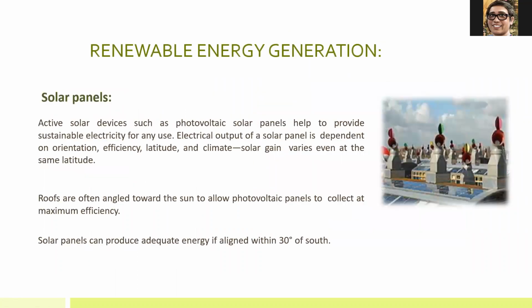Renewable energy generations. Ano ba ibang pwede natin, paano tayo magre-renew ng energy? We can use solar panels, no? Active solar panels such as photovoltaic solar panels help to provide sustainable electricity for any use, no? Electrical output of solar panels is dependent on orientation. Kailangan maganda orientation. The efficiency and the latitude and climate solar gain varies even at the same latitude. So, minsan kasi most of the time, the solar panels will not harvest a lot of energy, no, kung hindi maganda yung orientation.